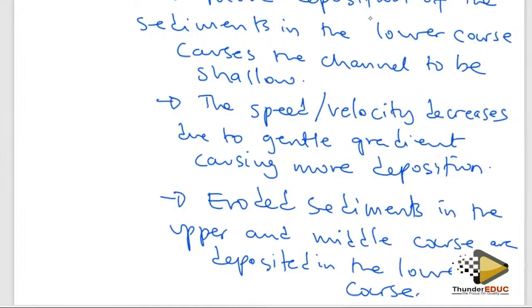Because we know the steeper the gradient, the higher the velocity, but the gentler the gradient, the lower the velocity. So meaning the speed of the water reduces, which causes sediments to be deposited in the lower course.